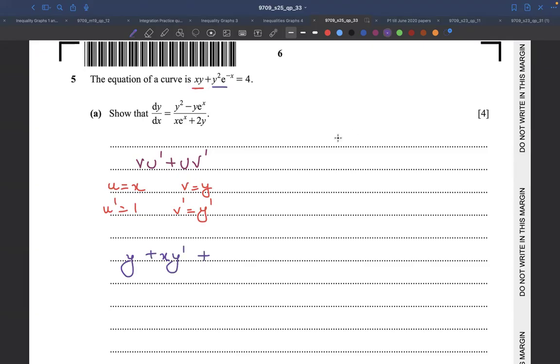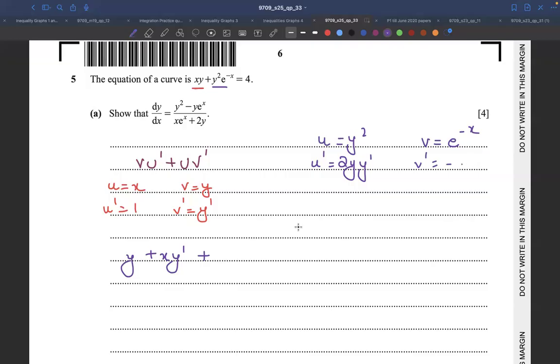So let's take u as y squared there. u' will become, we'll apply the chain rule, 2y, and the derivative of y will be y' or dy/dx. Doesn't matter what we take as u and v, by the way. So v in this case would be e to the power minus x. The derivative would be, we multiply by the derivative of the power, which is minus 1.